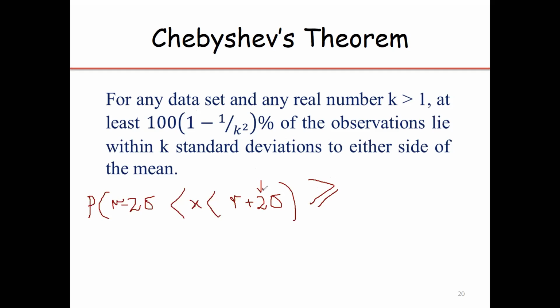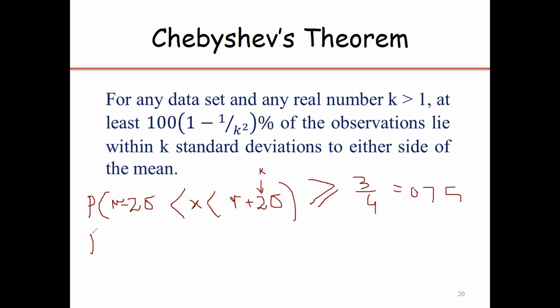So if I put k on the right-hand side, 1 minus 1 upon 2 square becomes 1 minus 1 upon 4, that is 3 upon 4. Probability is 0.75. In percentage, I can say that 75% of observations will lie between the mean minus 2 sigma and mean plus 2 sigma.